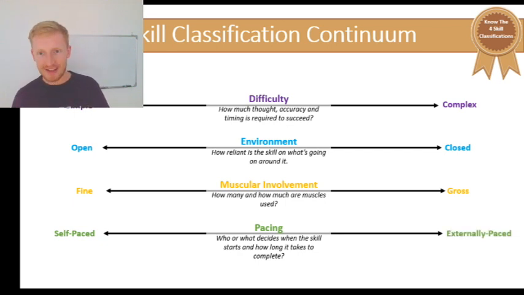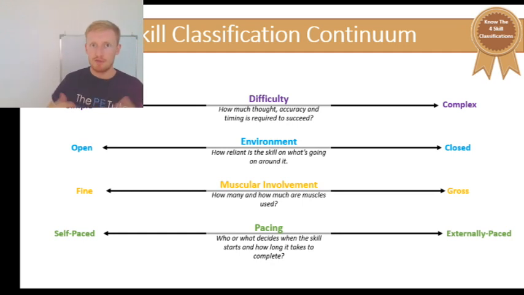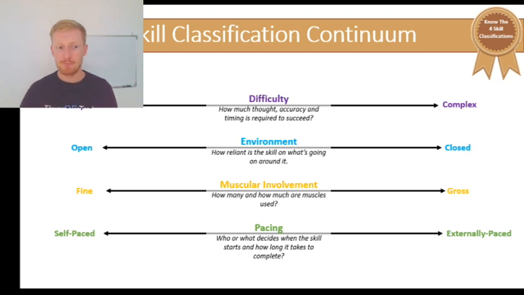Or is that determined by things going on around us, such as a starting clock, or a starting gun, or a defender coming towards us, or the environment? Pacing. So we've got the four categories, and then we've got the extremes on each continuum: difficulty, environment, muscular involvement, and pacing.